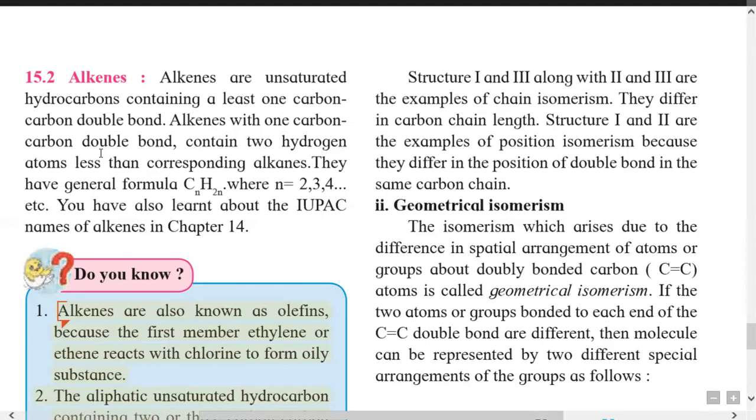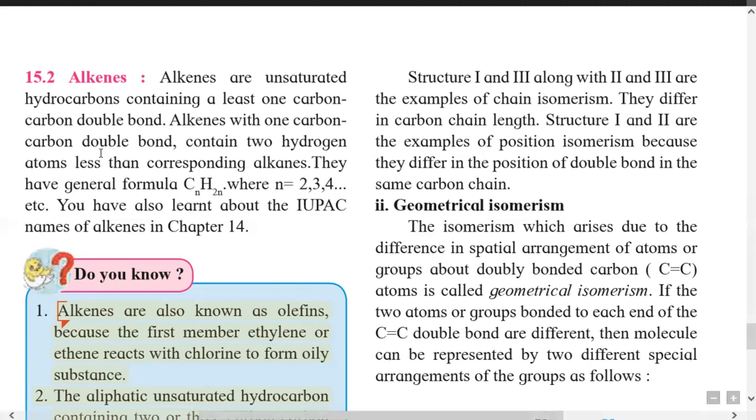Similarly, butene, pentene, hexene, heptene, octene. These are the different examples of alkene. The molecular formula of alkene can be obtained easily from the corresponding alkane just by removing two hydrogen atoms from the corresponding alkane.